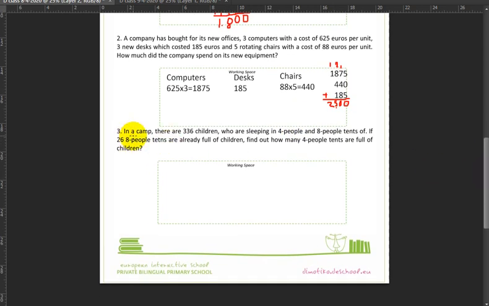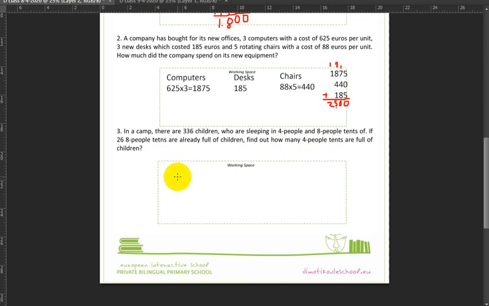Next problem. We have a camp, and in this camp there are 336 children who are sleeping in 4 people and 8 people tents. If 26 8 people tents are already full of children, find out how many 4 people tents are full of children.